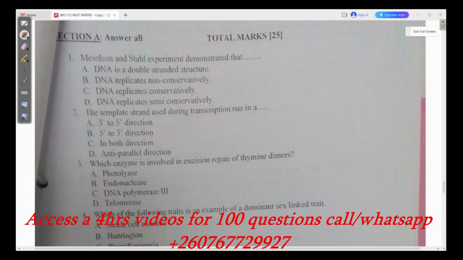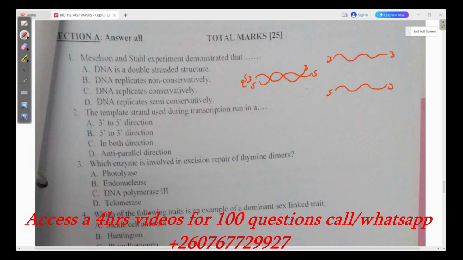DNA is a double-stranded molecule, like this. If this is 3 prime, this will be 5 prime, this will be 3 prime, that will be 5 prime. So when this DNA replicates, these two strands are going to separate, of course. So we're going to have these two old strands. Let's say this is 5 to 3, this is 3 to 5.